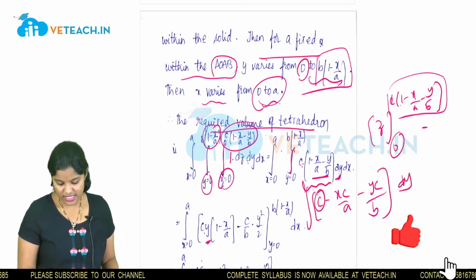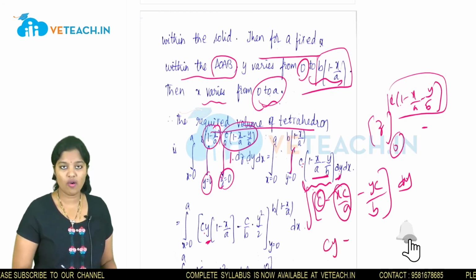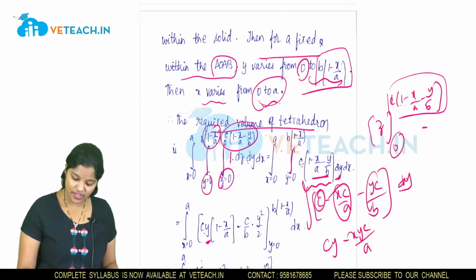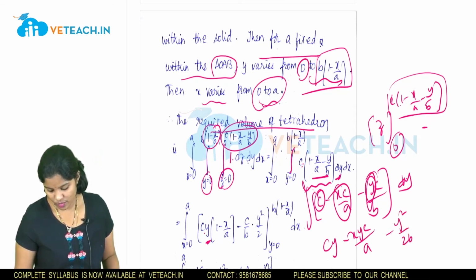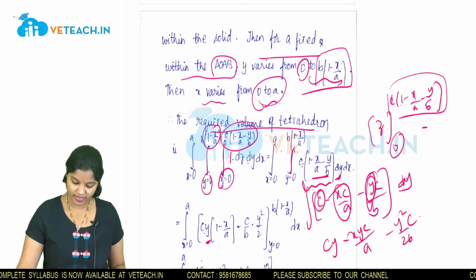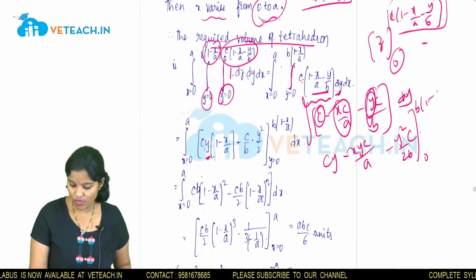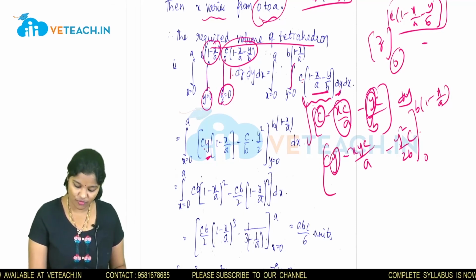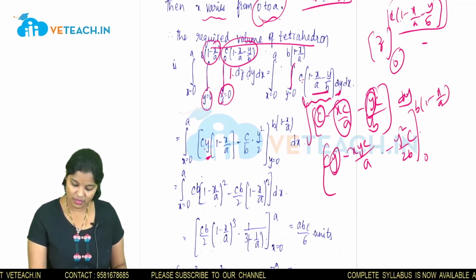What will we get? Integration of c is cy minus, this is also a constant, so we will get xyc by a. Again here we have a y term, that means minus y square by 2b into c. Now apply the limits from 0 to b into 1 minus x by a. Upon applying the limits in place of y, we get c into b into 1 minus x by a.